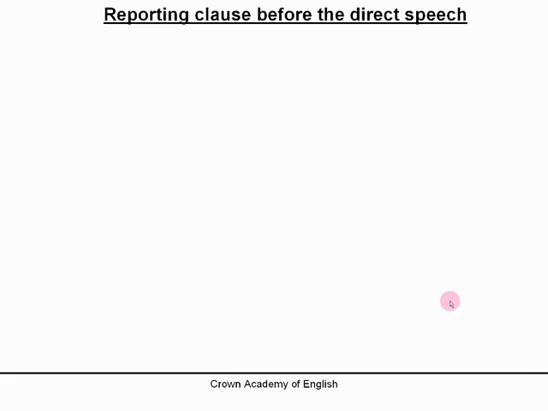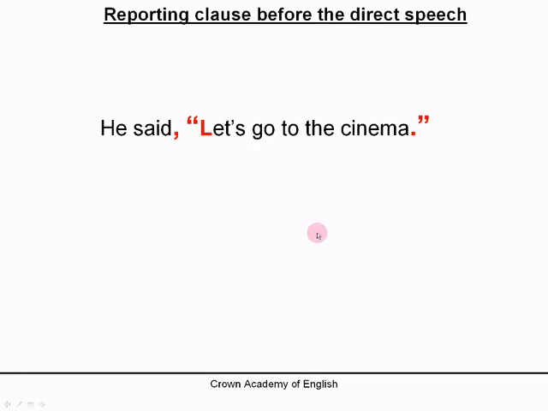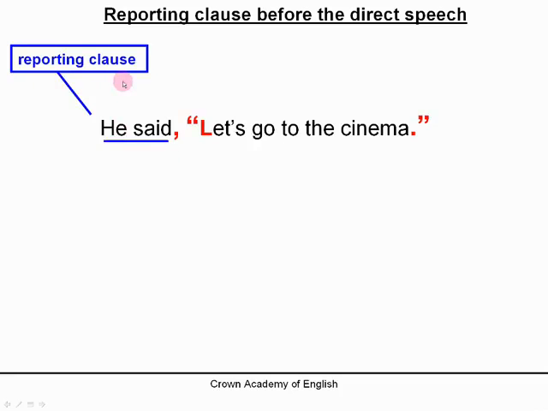First of all, reporting clause before the direct speech. Example. He said, "Let's go to the cinema." Okay? So, here in blue, this is the reporting clause.